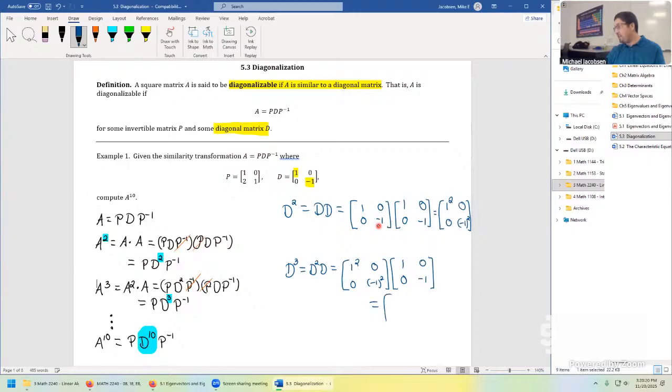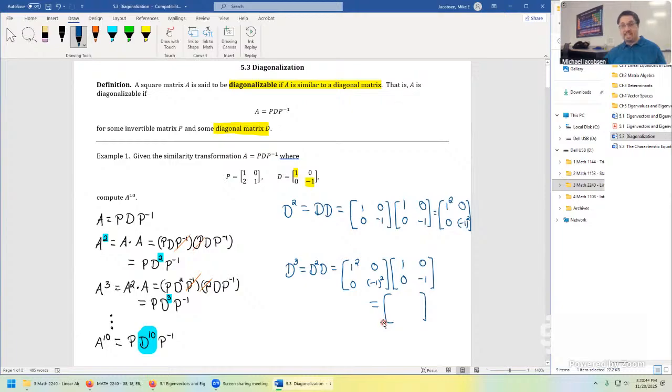But you might already have a good idea of how this ought to go. Diagonal matrices are kind of nice because, as the pattern is going to reveal, any power of a diagonal matrix is just going to be the entries along the main diagonal raised to that power. So even if this was a 7, D to the power of 10 would be 1 to the power of 10, 7 to the power of 10.